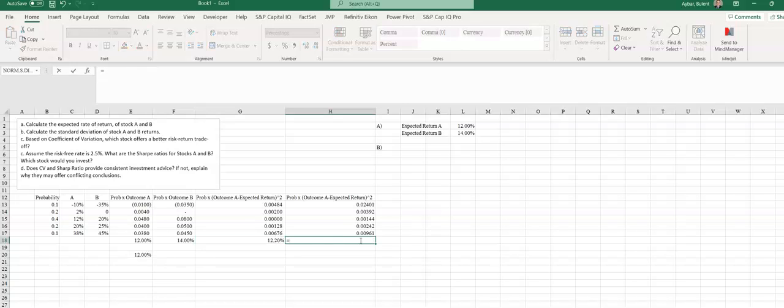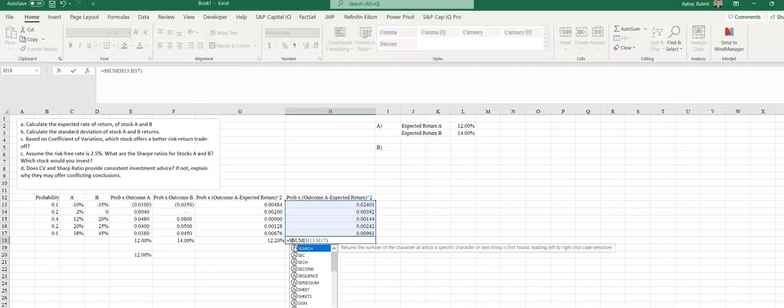What we need to do is sum all of these squared deviations, which gives me the variance. And now I'm going to take the square root of these, SQRT of these squared deviations. Oops, I did something wrong here, I believe.